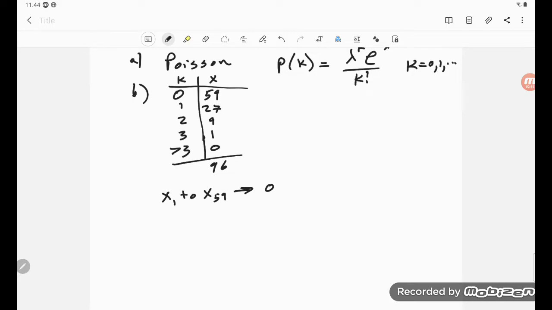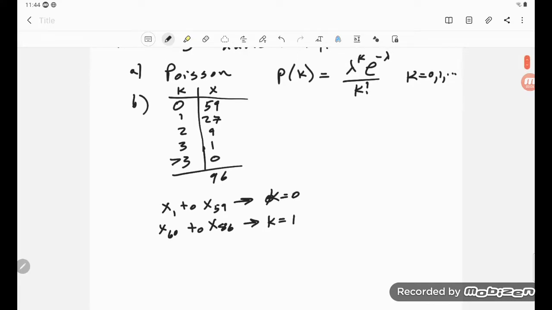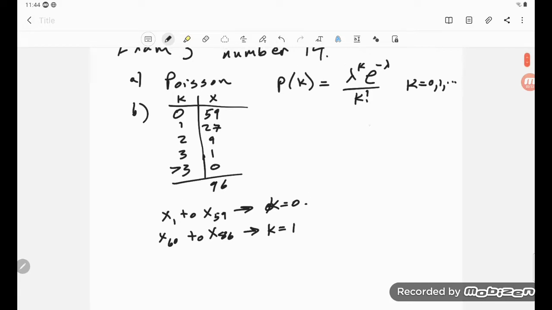They all had a k of 0, or k equals 0. And then x60 to x whatever, let's see, so that'd be 86. Those were all k equal 1. So we had a whole lot of x's here, and with each x, we would use the particular k value up here to do that.